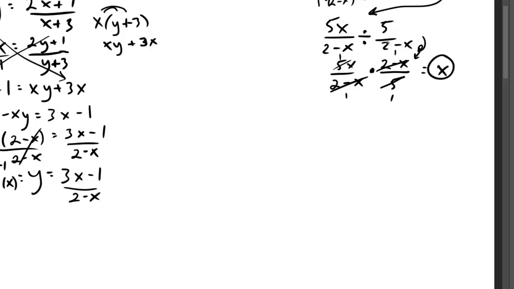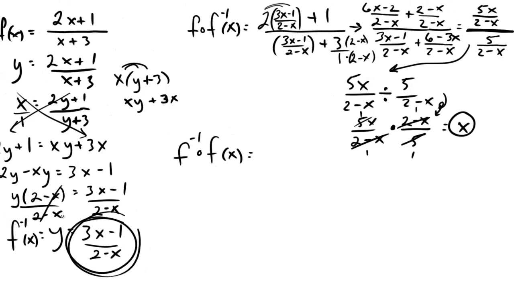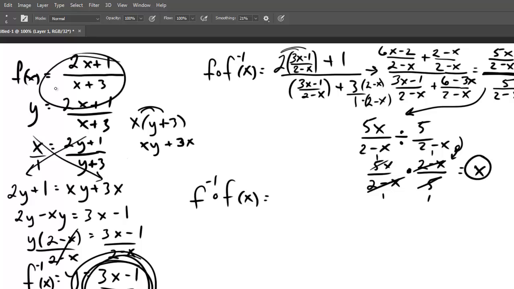So that's one way. Now you've got to turn around and do it the other way: f to the negative 1 of f of x. It's the same sort of drill, except this time we're starting with this one, and we're plugging this thing inside of it.